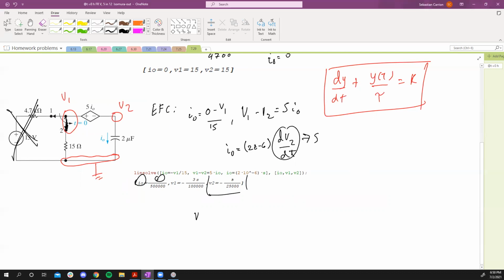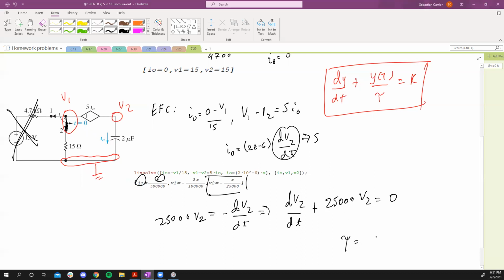So this here would be the most appropriate. 25,000, sorry, equals negative dV2 over dt. dV2 dt plus 25,000 times V2 equals 0. We know that tau here would be 1 over 25,000, correct?